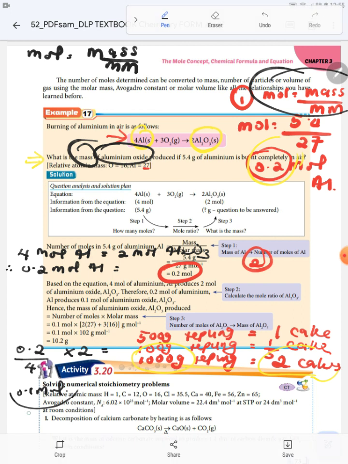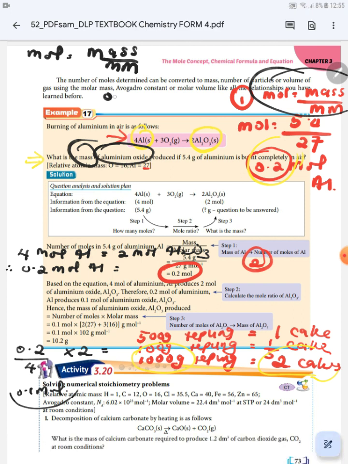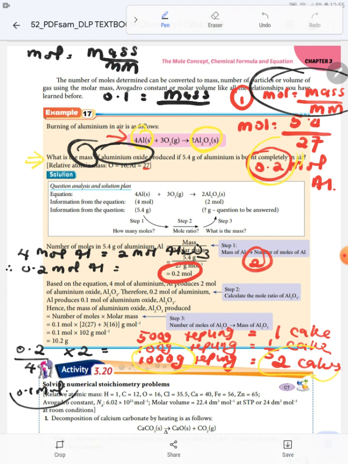The number of mole we have calculated just now is 0.1. So 0.1 equal to mass, the unknown one yang kita nak cari, over molar mass of aluminium oxide. Why aluminium oxide? Because kita nak tahu mass of aluminium oxide.